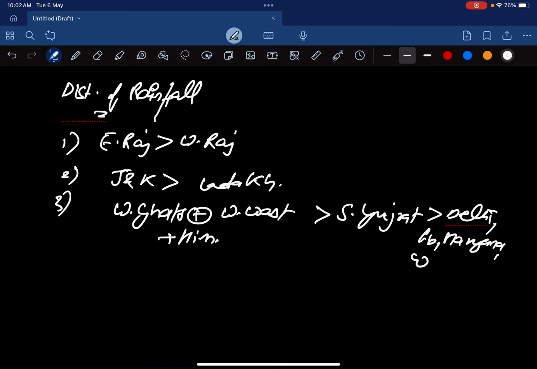West UP, they have more than the Andhra Pradesh, Karnataka or the Malabar, right? No, sorry, not Malabar. Malabar में तो होता है Maharashtra. So Delhi, Punjab and Haryana receives more rainfall than the Maharashtra, right? And southern Gujarat as well.